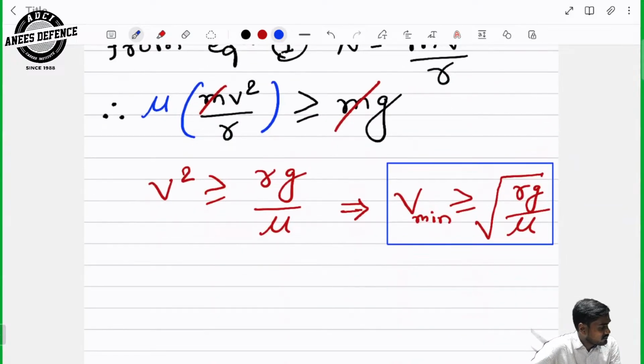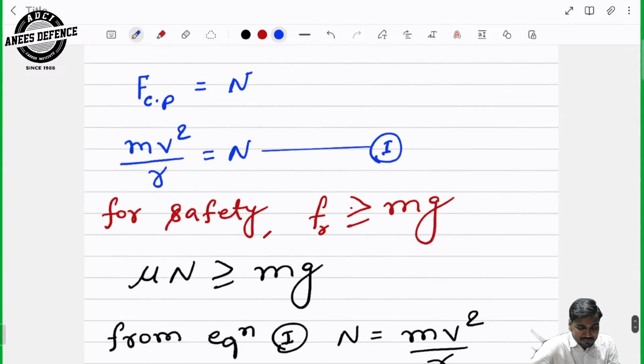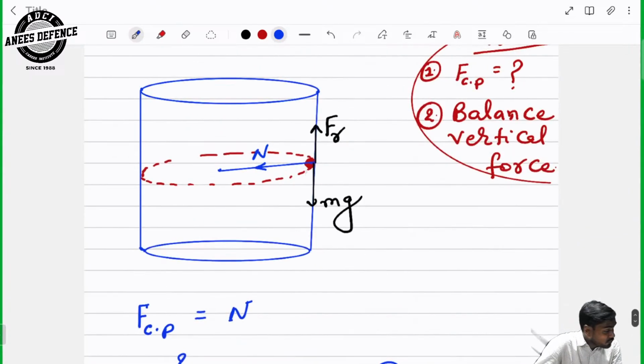Yes or no? Yes. Means it is not dependent on the mass of the person or the type of vehicle, meaning that vehicle may be a bike or a car. Yes or no? Okay.